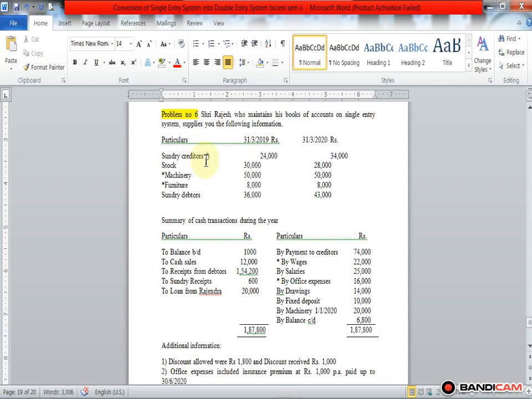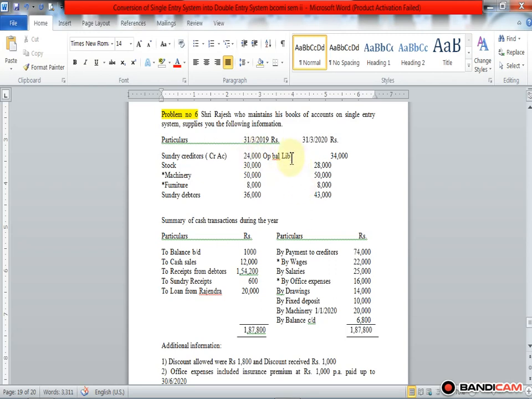Sundry creditors, first effect transfer: one, creditors account, opening closing, then second, opening balance sheet liability side.